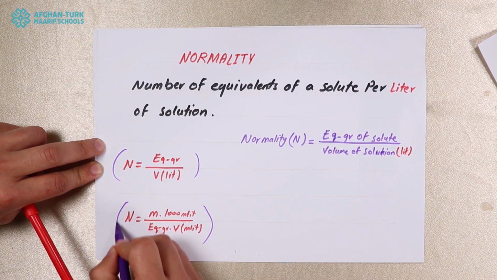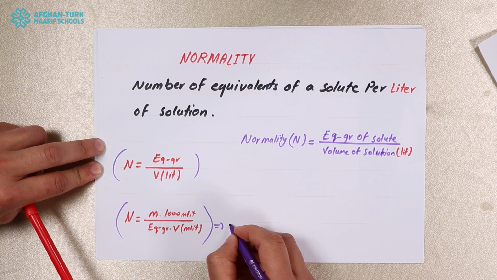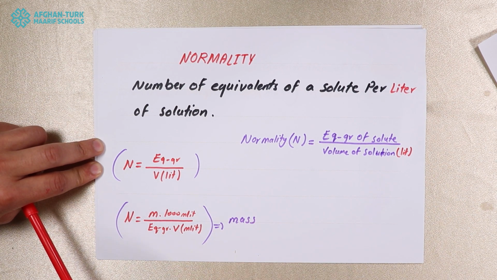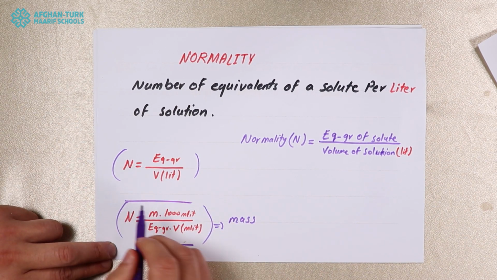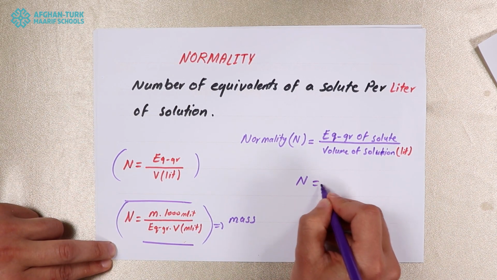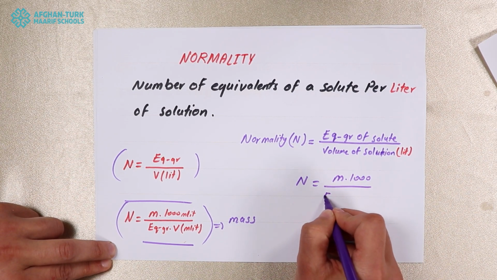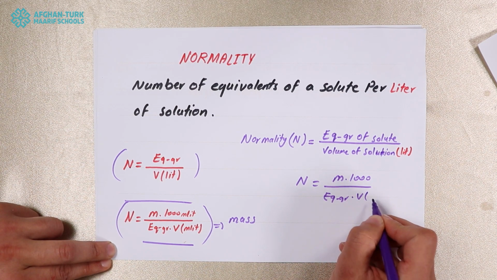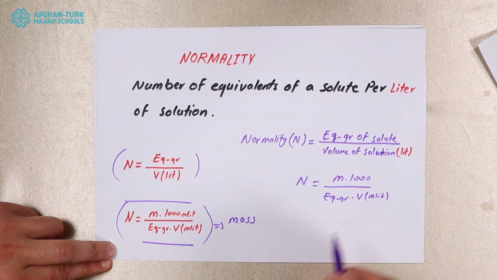We have another formula that we use when the question gives the mass. We can simplify this formula more. N is equal to mass times 1000 over equivalent gram of solute times volume of the solution. In here, the volume should be in milliliters.